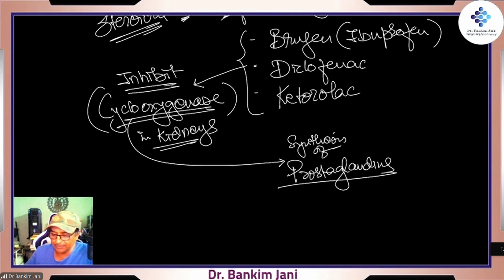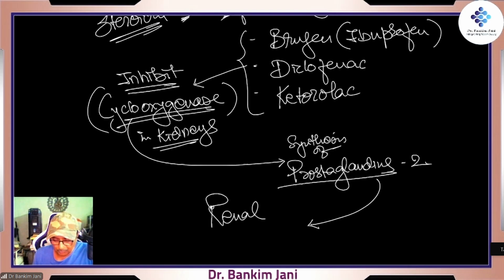Right? But this is a special prostaglandin. This is called prostaglandin 2. Right? What is its importance? Cyclooxygenase, which is produced by the kidney, will synthesize prostaglandin 2, and this prostaglandin 2 is a very powerful renal vasodilator.